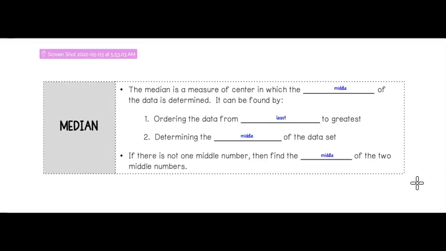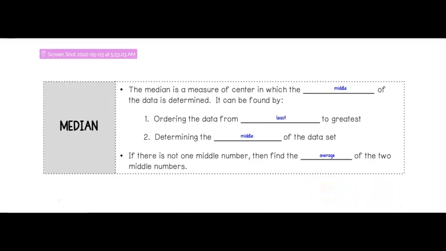It can be found by ordering the data from least to greatest and then determining the middle of the data set. If there's not one middle number, then find the average of the two middle numbers.